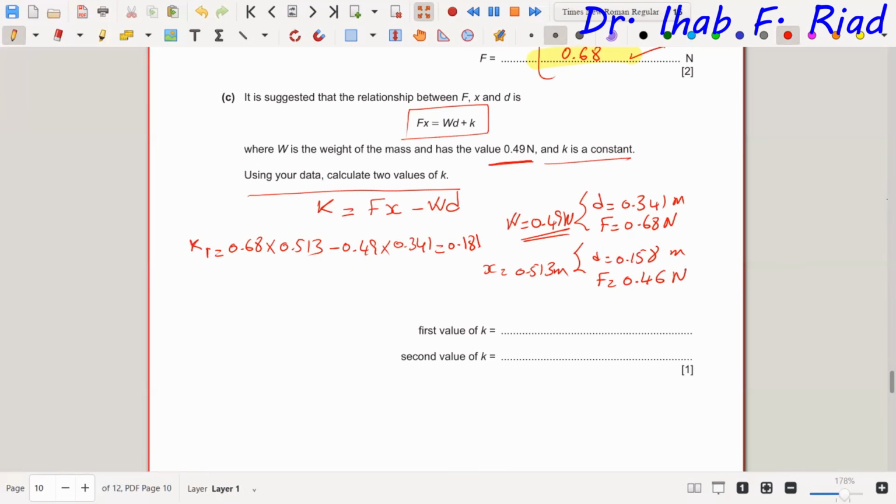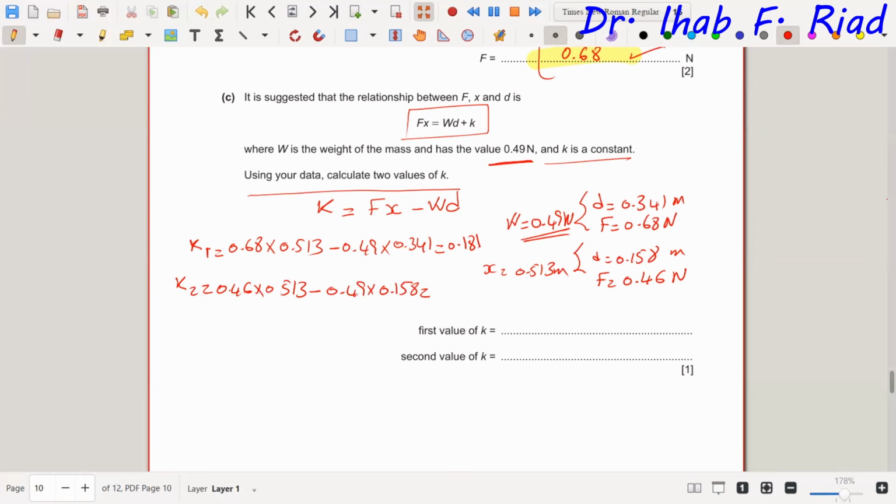Okay? We do the math again for K2. It is going to be F, 0.46, times X, 0.513, minus 0.49 times 0.158.